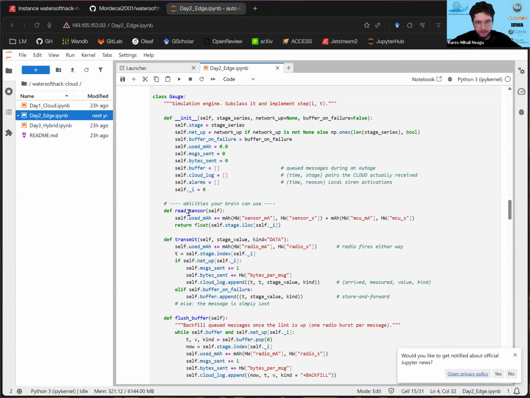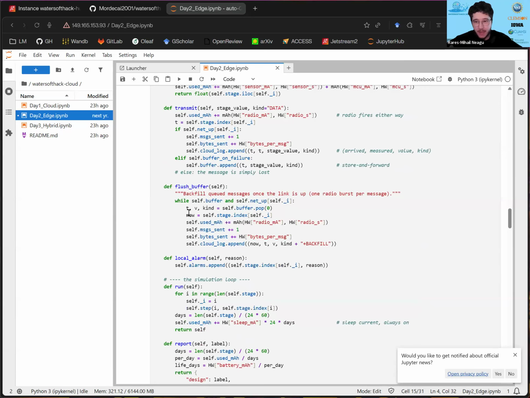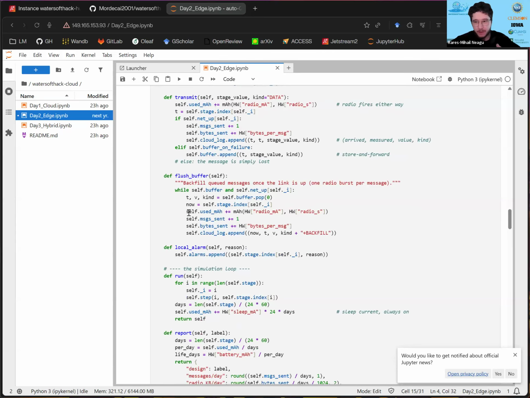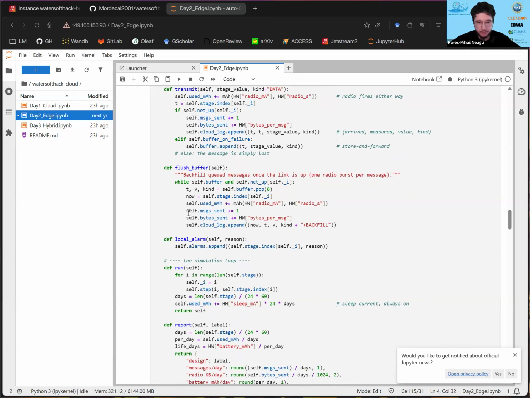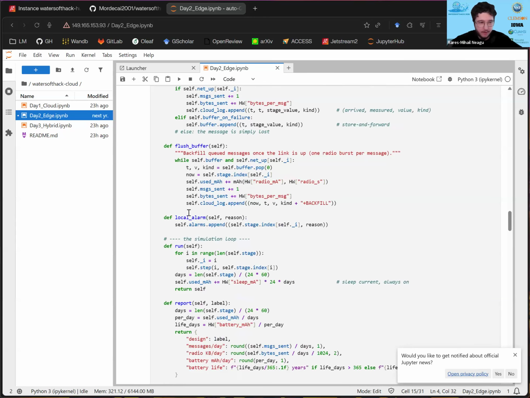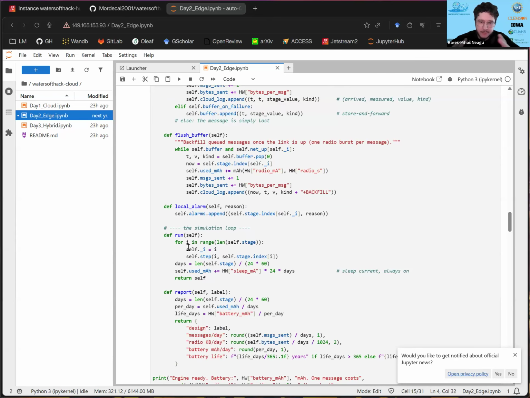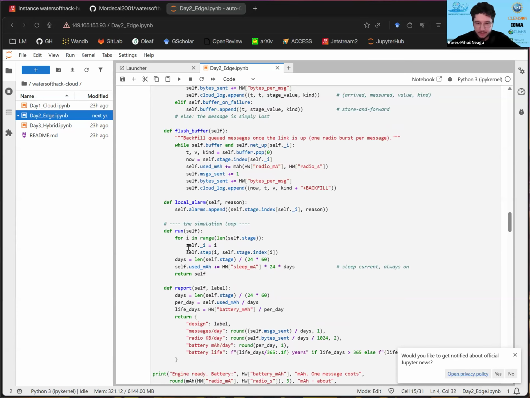All gauges need to read, all gauges need to transmit, all gauges should have some form of stack or queue or whatever of messages that it's supposed to send to the cloud. All gauges should have some form of alarm, and of course they should be able to report to a human operator or whoever reads these gauges. Okay, so this is the basic functionality of this class.